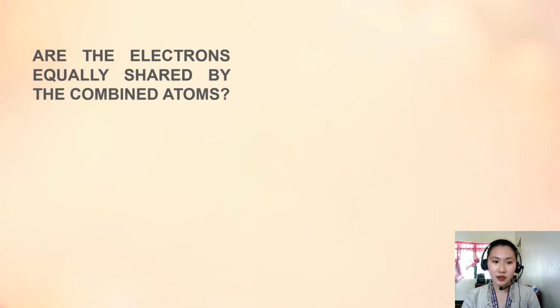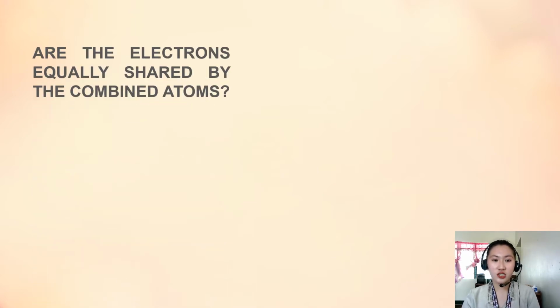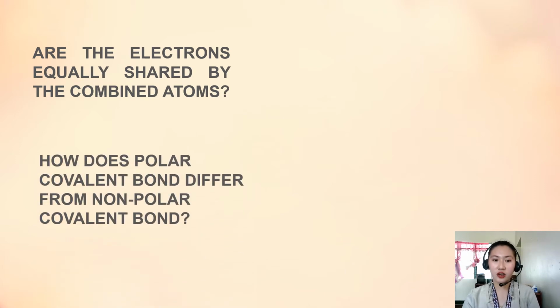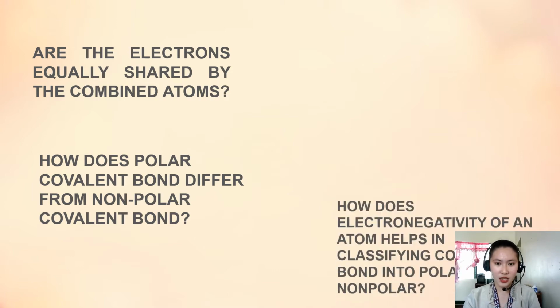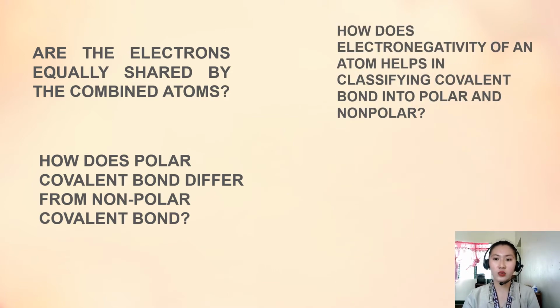So, we have learned that covalent bond is a shared pair of electrons between two atoms, which are nonmetals. But, are the electrons equally shared by the combined atoms? How does polar covalent bond differ from nonpolar covalent bond? And how does electronegativity of an atom help in classifying covalent bond into polar and nonpolar?